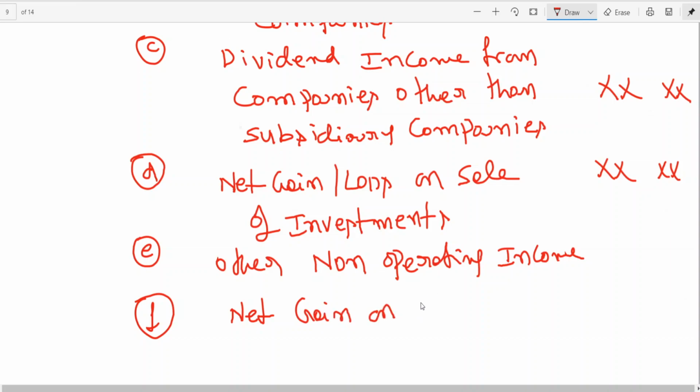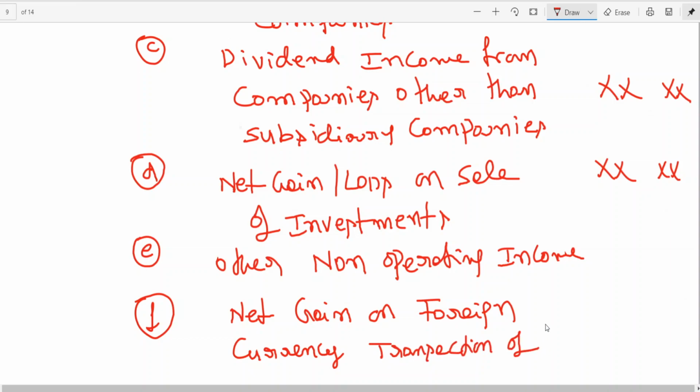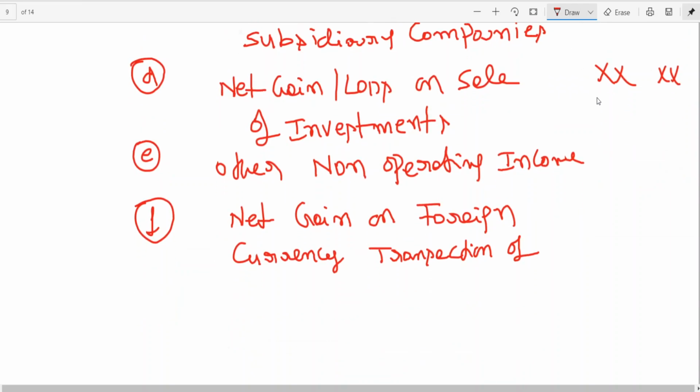Net gain on foreign currency transaction or translation.